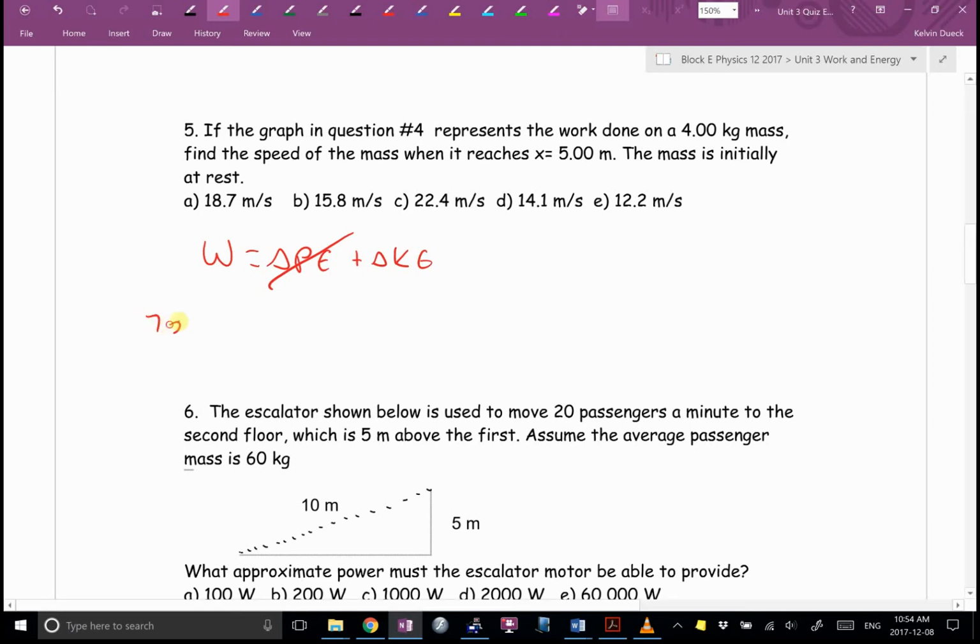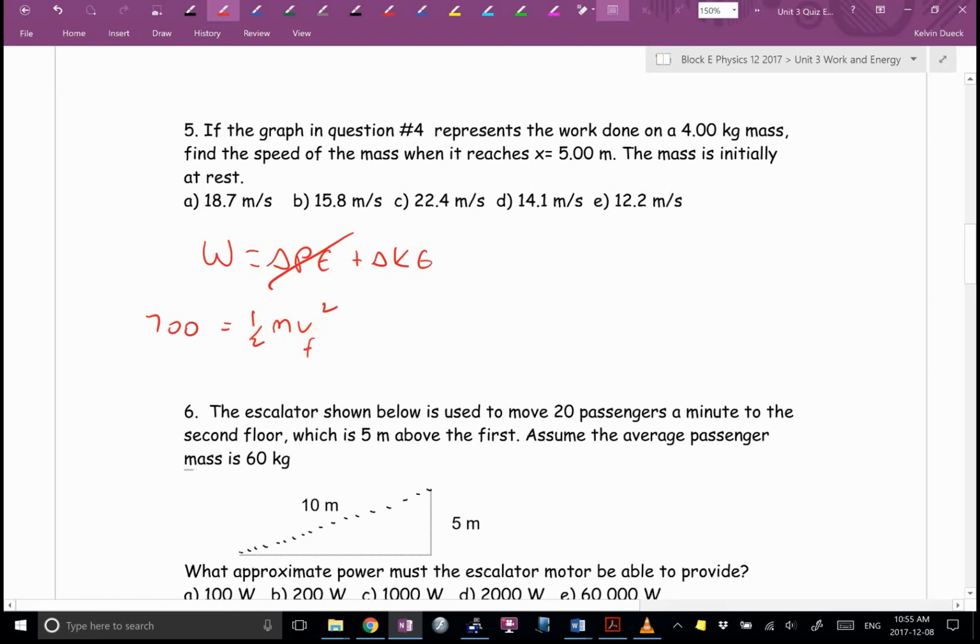The work was 700. What's change in anything, Connor B? What's my initial kinetic energy? It says the mass is initially... So what's my initial kinetic energy? So it's a half mv final squared minus a half mv initial squared, but I'm not going to bother writing that because initial is 0.